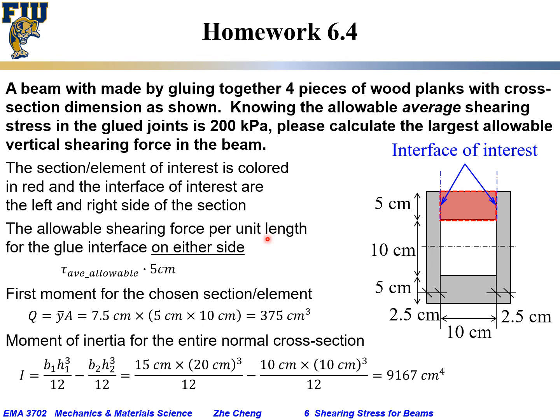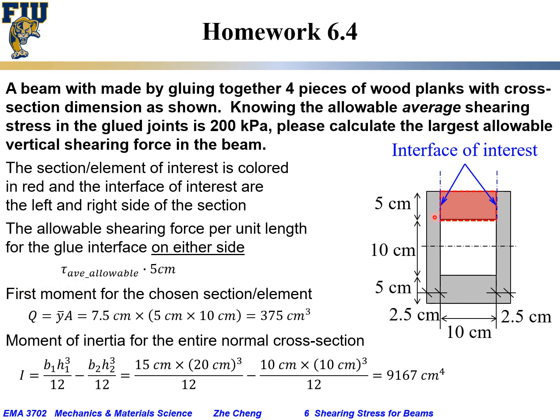For the glued interface on either the left or on the right, it would be the stress times a length, because we are talking about the force per unit length, okay, which is Newton per meter, and stress has a unit of Pascal, Newton per meter square, times length, it will be Newton per meter. It will be the same, okay.